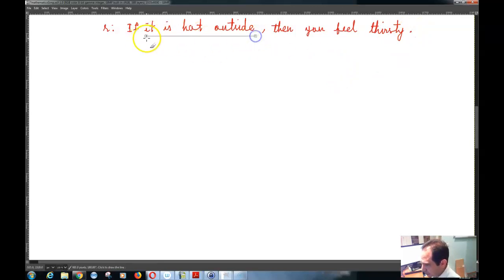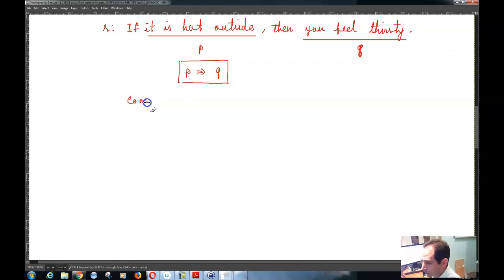So you can take this as your P, and you can take this statement as Q, and so you have basically P implies Q. This is your statement. Now the converse of this is basically if Q then P, or Q implies P. That's the converse of this.